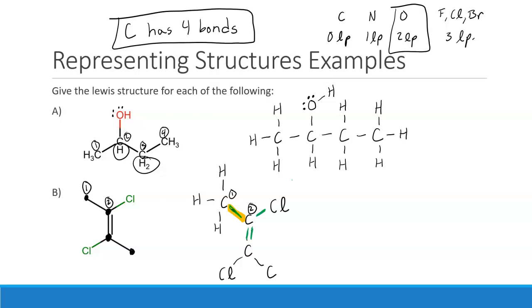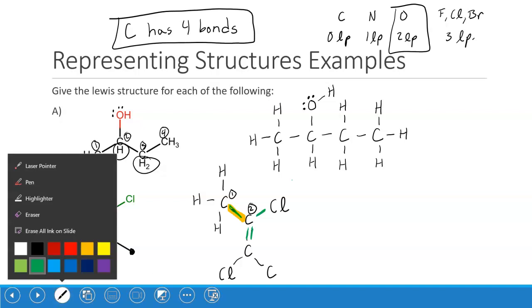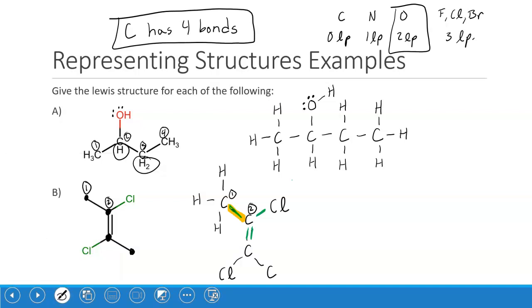So that gives you 3 and 4. So that carbon has a total of 4 bonds already. And if we notice, carbon number 3 also has 4 bonds because it has the 2 at the top as well as the 2 on either side of it. So both carbon number 2 and 3 already have 4 bonds.